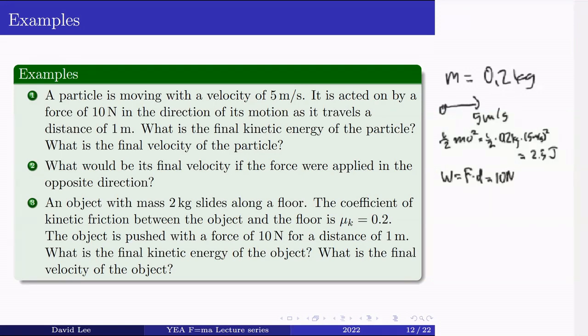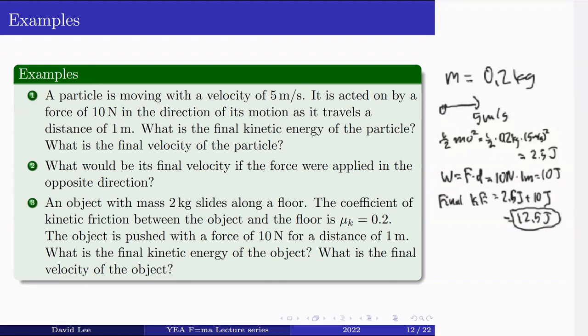That's 10 newtons times 1 meter, or 10 joules. So our final kinetic energy is going to be our initial kinetic energy plus the work that we did. That's how much it changes. And this is 12.5 joules. So that's our final kinetic energy.